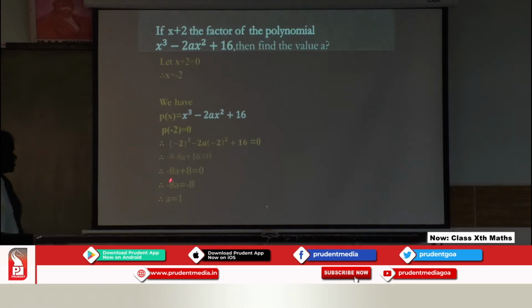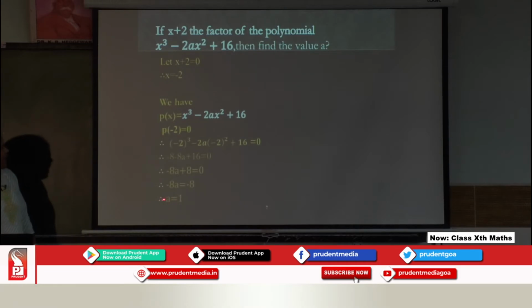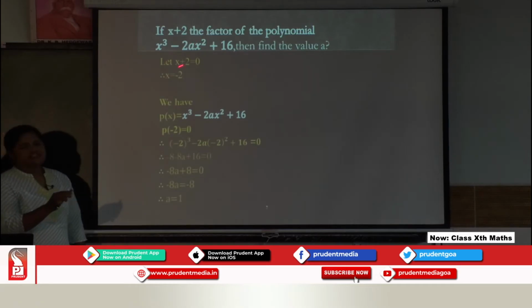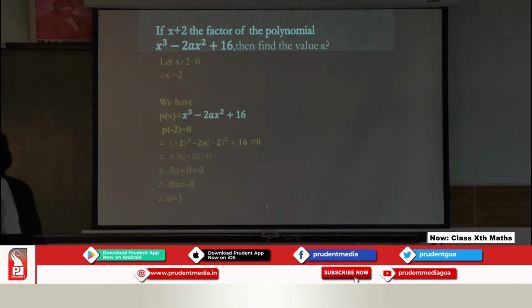After cancellation, both this negative 8 and negative 8 will get cancelled. So you are left with a is equal to 1. So the value of a for this polynomial is 1 when the factor of this polynomial is x plus 2, that is x is equal to minus 2.